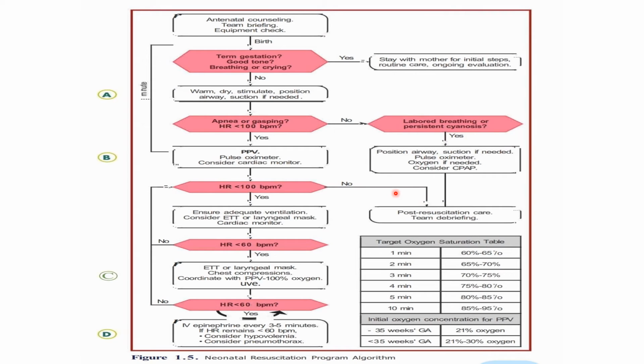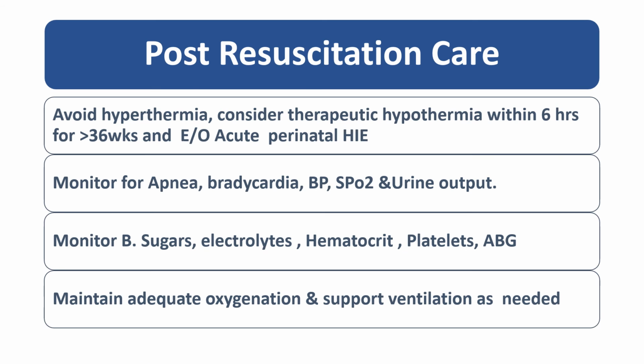Now, once the baby has a heart rate of more than 100 beats per minute and spontaneous respiration has started, then we move on to post resuscitation care, and we should also do the team debriefing. In post resuscitation care, we should avoid hyperthermia in a severe birth asphyxia newborn.